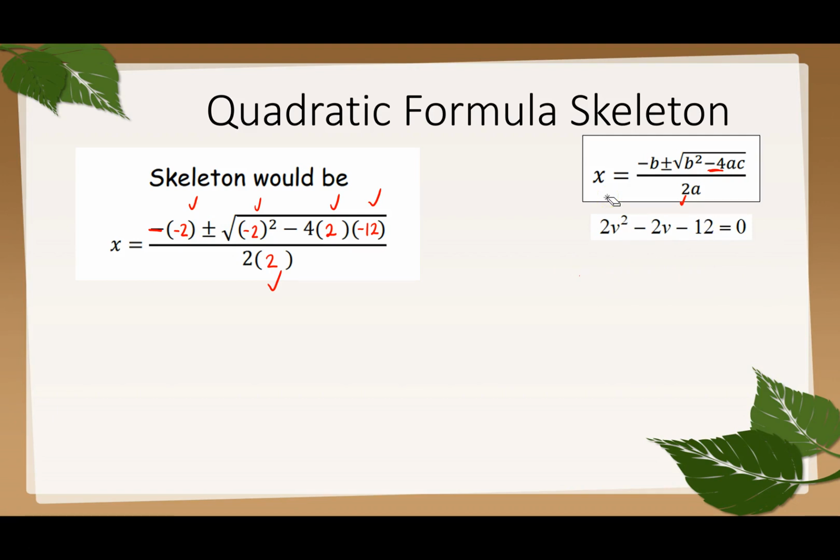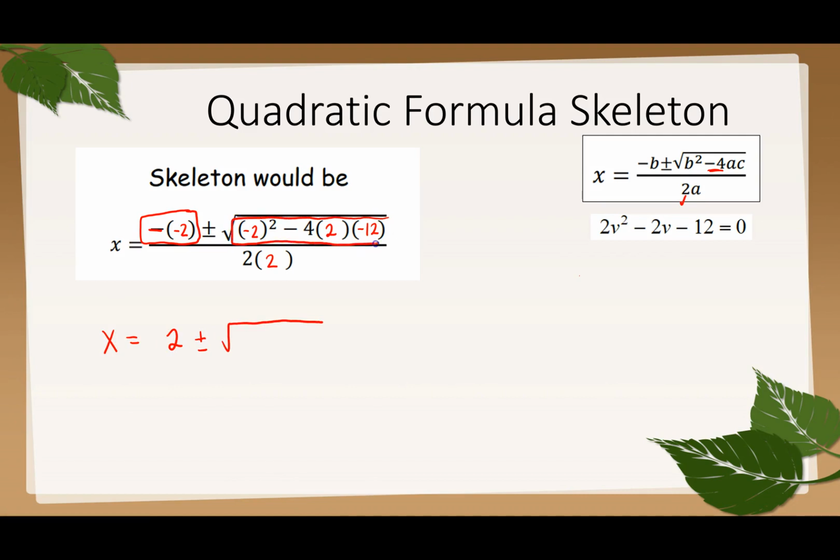All right, at this next step now, after we've plugged in, we are going to solve this. And we're going to do this in steps, so don't go aggressive and just try to do it all at once. Let's first deal with this. What is a minus of a -2? Well, that's going to be x equals +2. Then, what I want you to do is this entire thing in your graphing calculator.